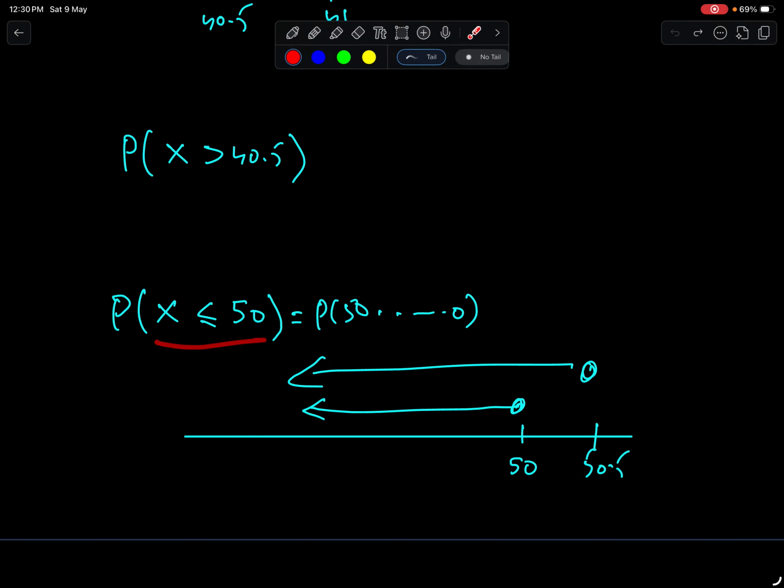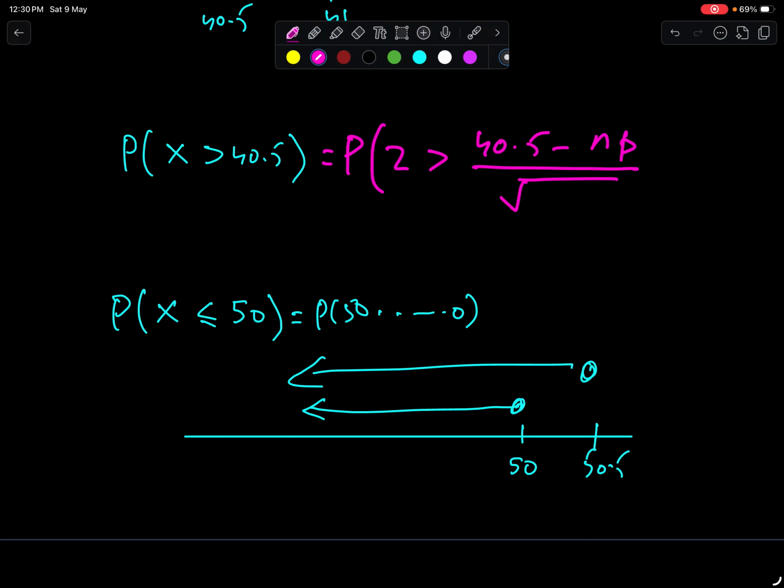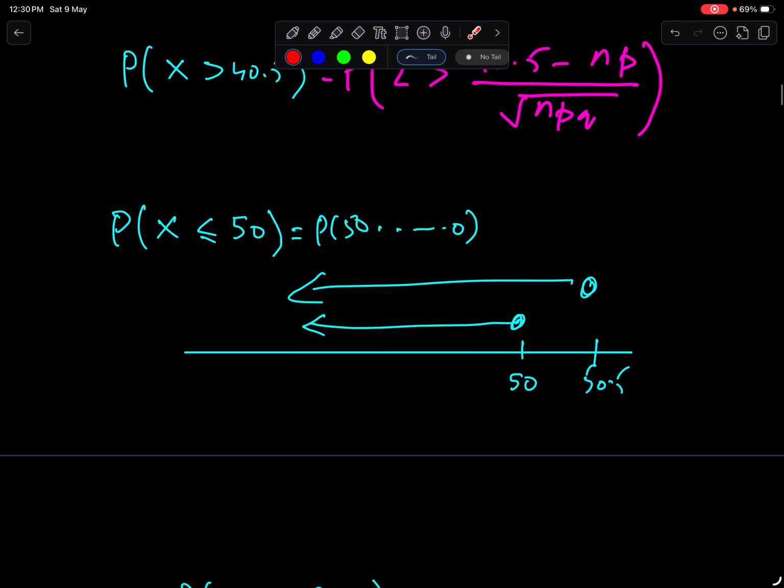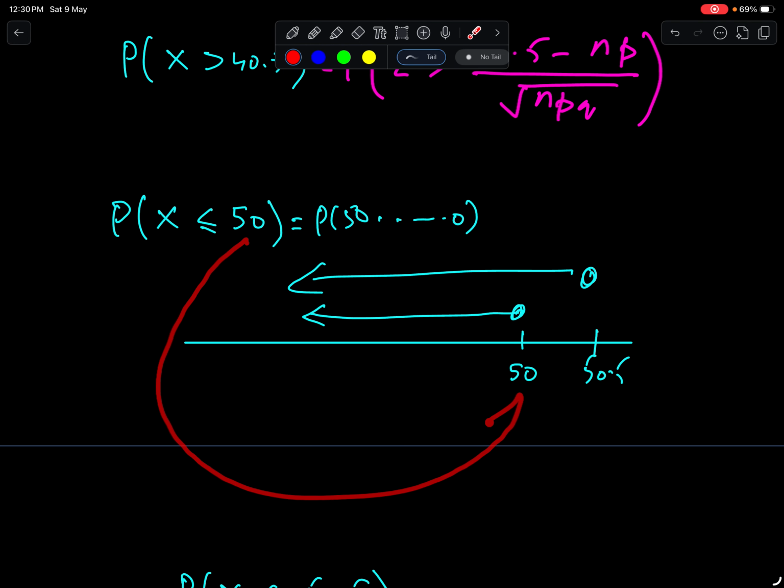Now X less than equal to 50. Let me explain this in the context of Z. (40.5 minus np) divided by under root npq. This is the way we convert the statement from X to Z. We use mean of binomial and variance of binomial here. Now X less than equal to 50. So first inclusive integer is 50.